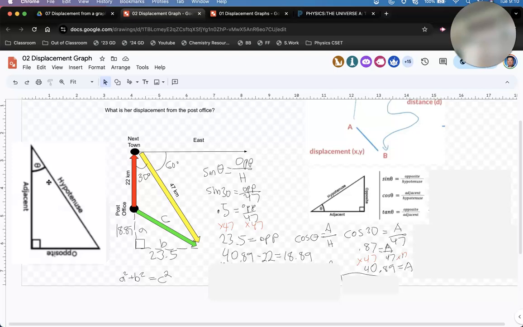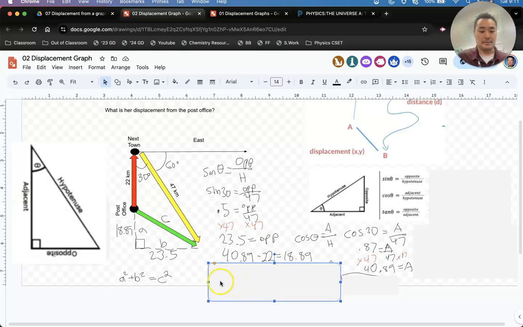We're going to use the Pythagorean theorem to find the final length. So let's plug in, Bradley. What do I put in first, if it's A squared plus B squared equals C squared? 40.89 is our total length of the adjacent.